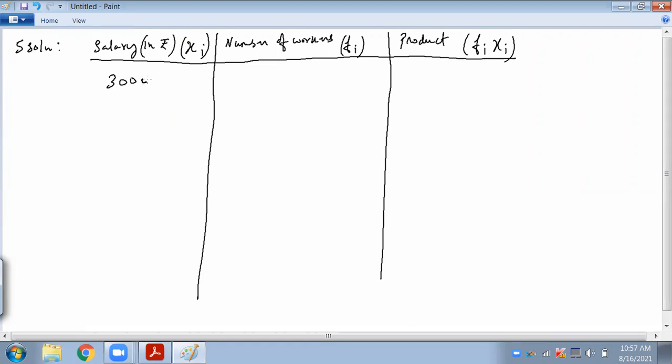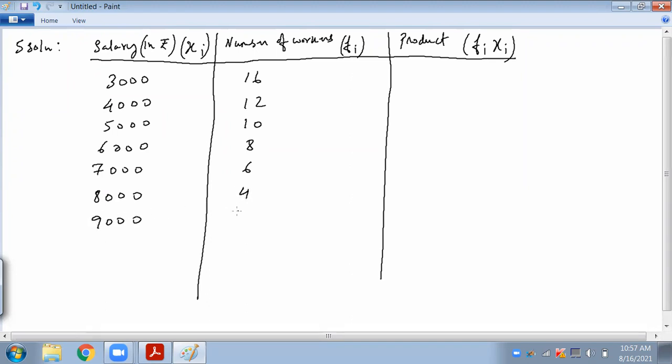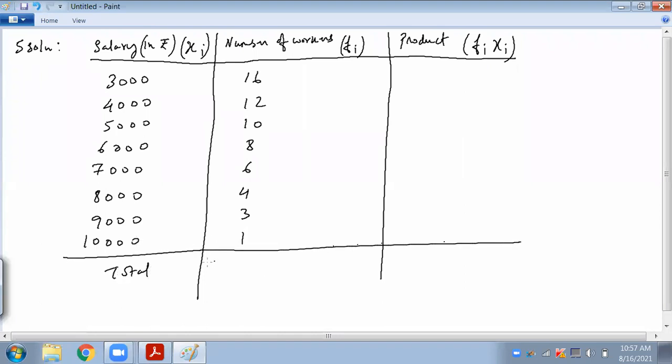Now, the salaries are 3000 with 16 workers, 4000 with 12, then 5000 with 10, 6000 with 8, 7000 with 6, 8000 with 4, 9000 with 3, and 10,000 with 1. Total: the total number of workers is given as 60.